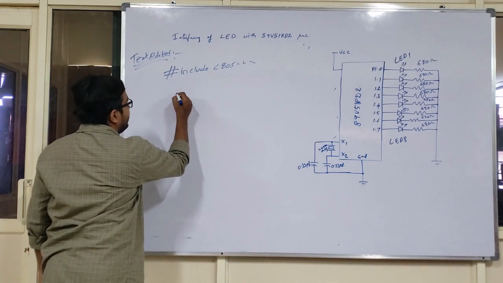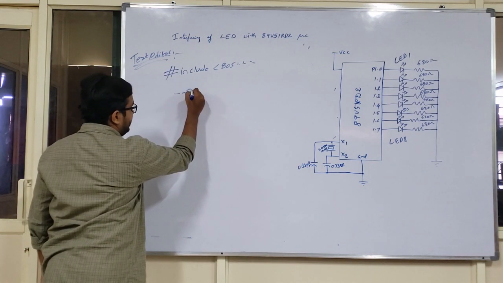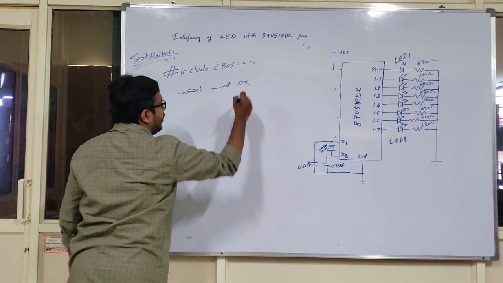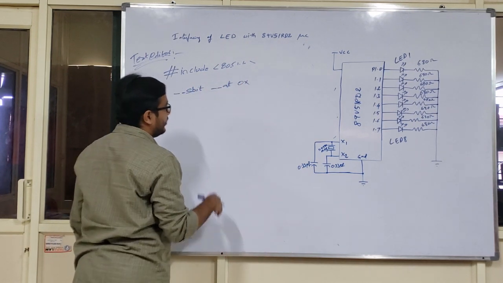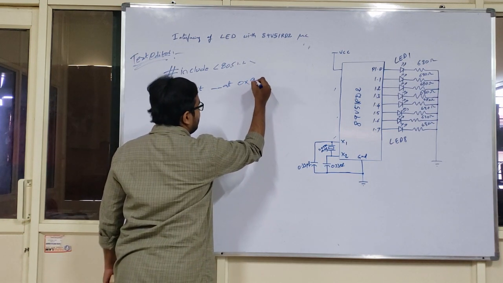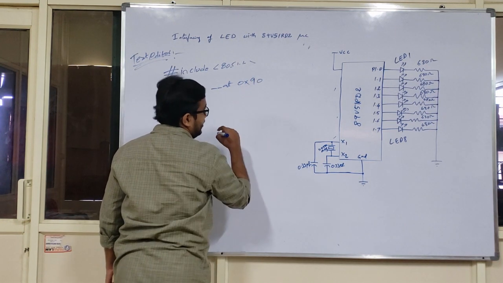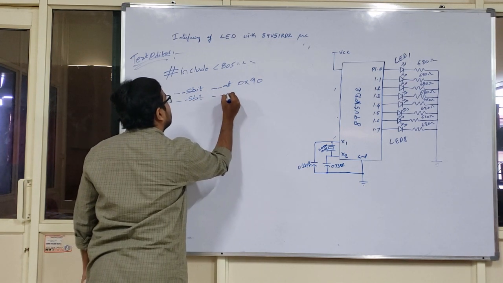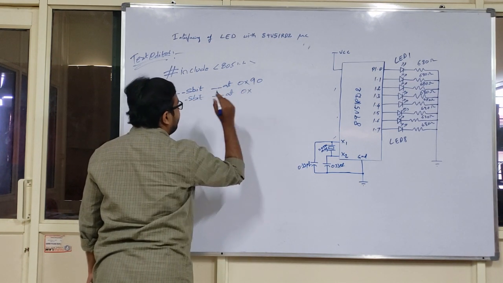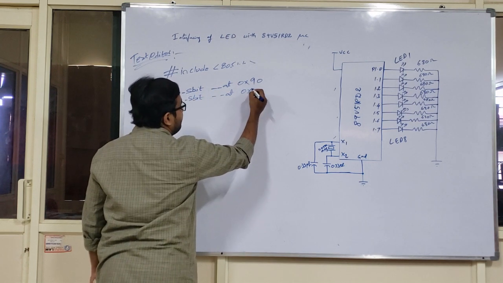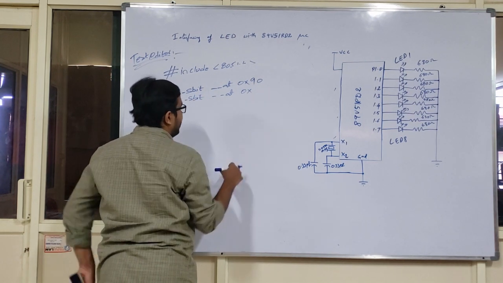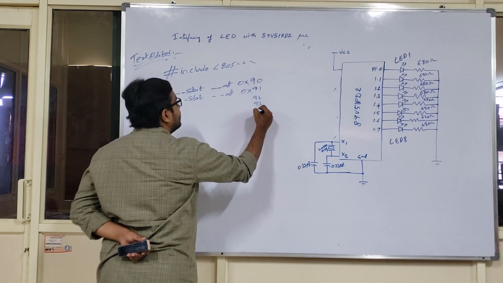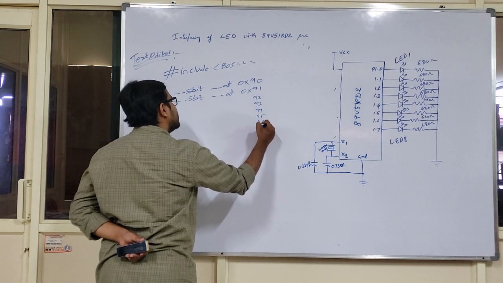I said you that we are going to use the concept of sbit underscore at 0x. Which port am I using here? Port 1. So port 1 physical address location starts from 0x90, and similarly I need to define a variable for all the address locations, like from 0x91, 92, 93, 94, 95, 96 and 97.